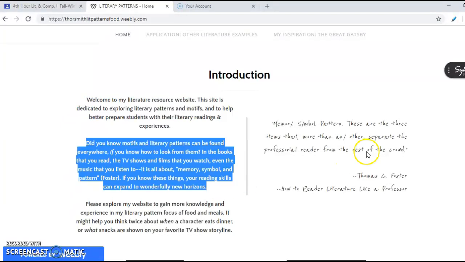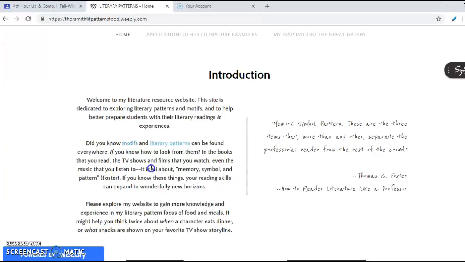So I used a quote to help explain literary patterns. You might give some examples. You could do a narrative. You could do a scenario. You could maybe put a little video in there. You could do a test. You could do a list. There's a lot of different options. Maybe you do a series of pictures and you highlight the literary pattern. But basically, this is like a lead.